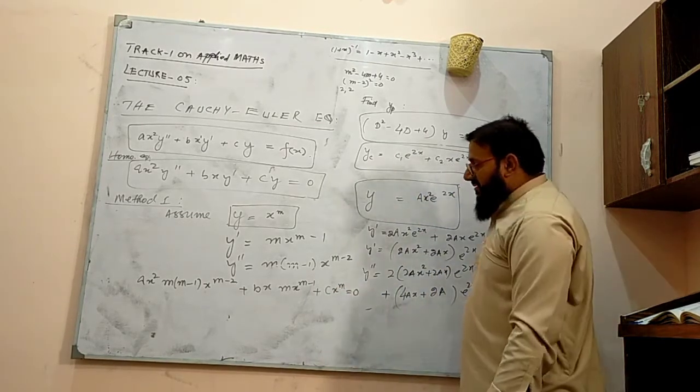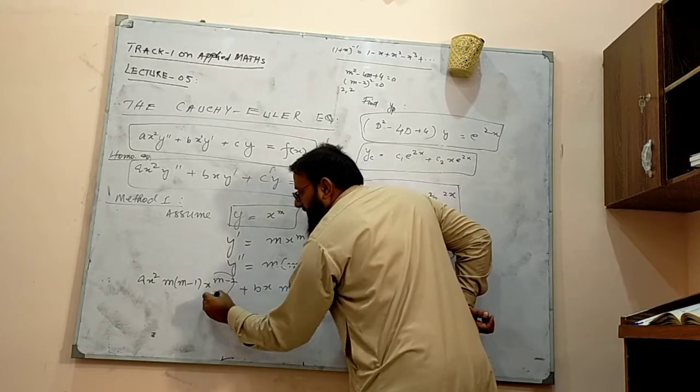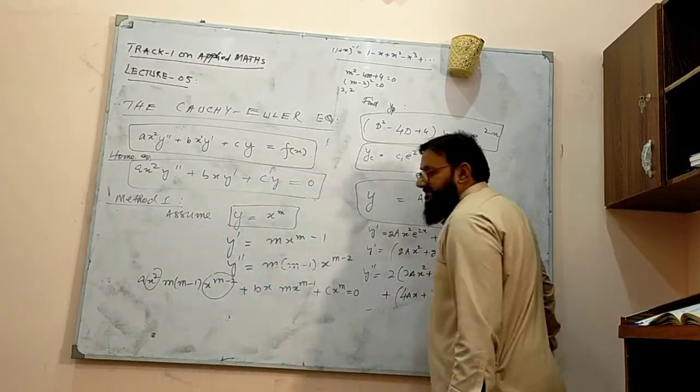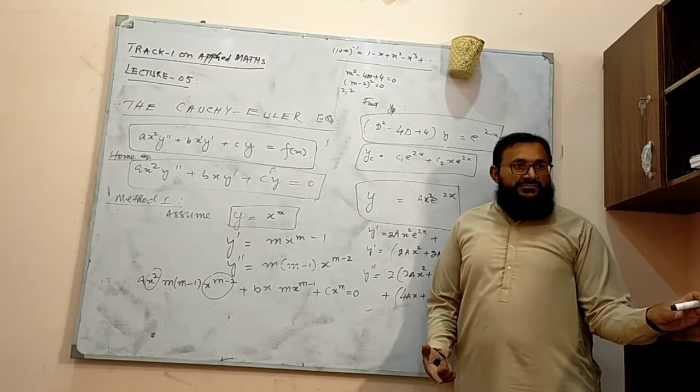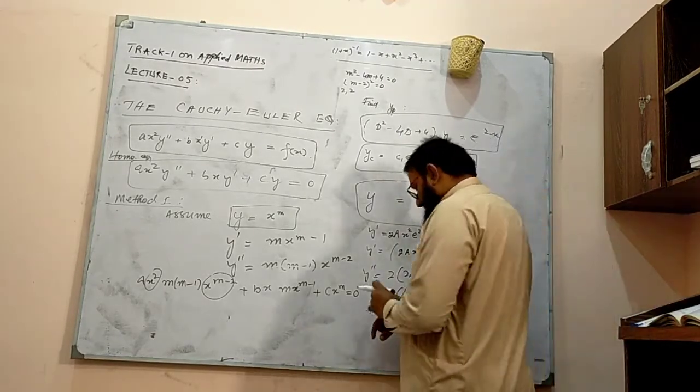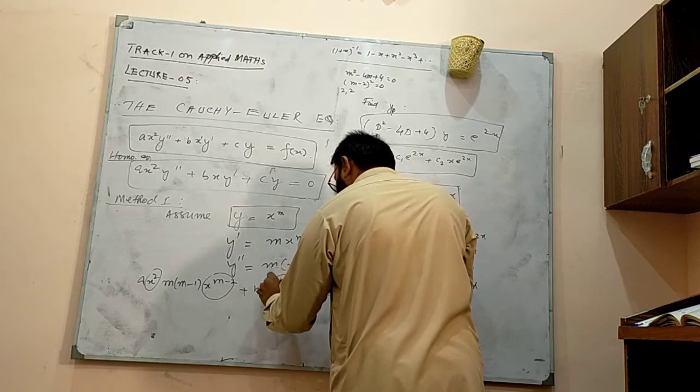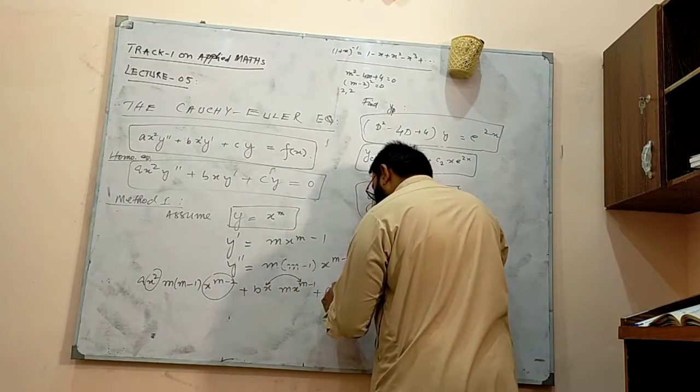Now when you multiply these two terms, what happens? x square and x power m minus 2 give x power m. And what about this one? x power m. And what about this one? x power m.